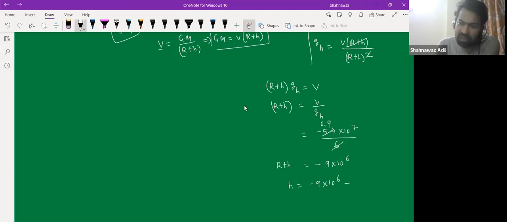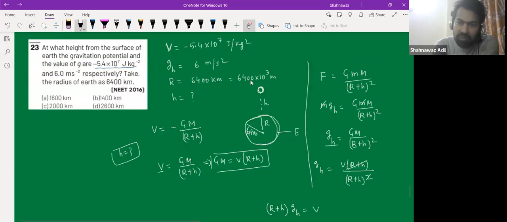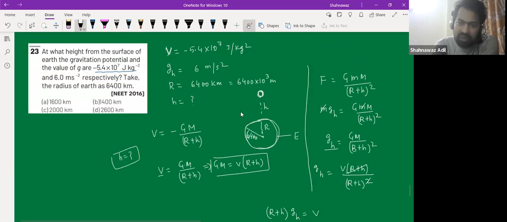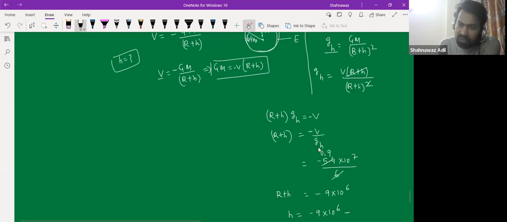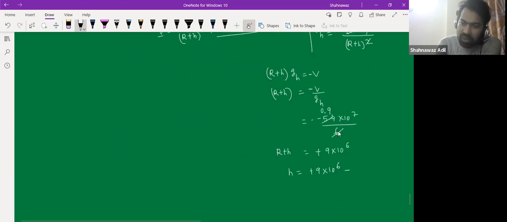R is 6.4 into 10 to the power 6, right? So this minus we have to keep. Minus, minus, so this becomes positive. Then minus of 6400 into 10 to the power 3.